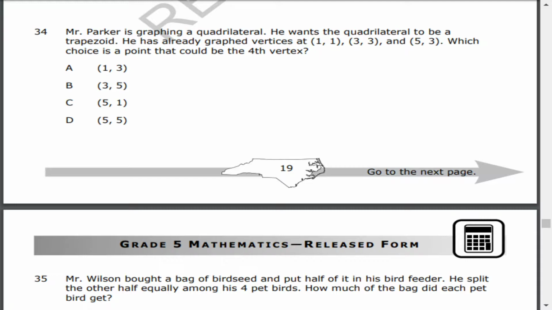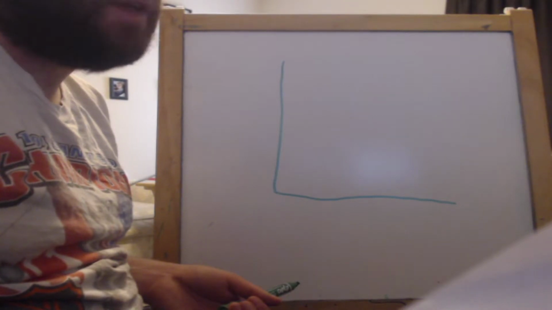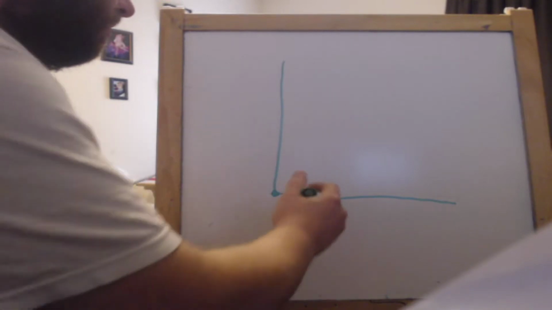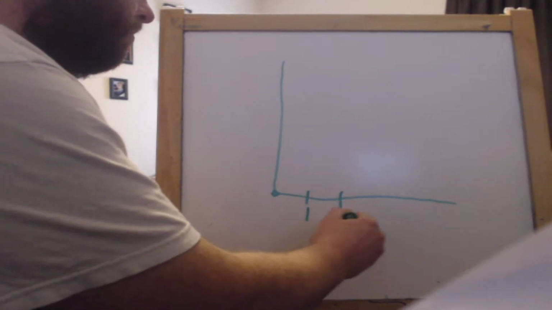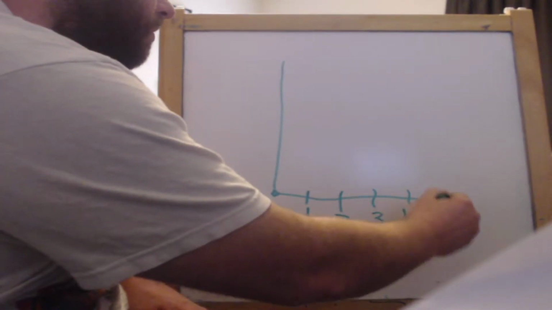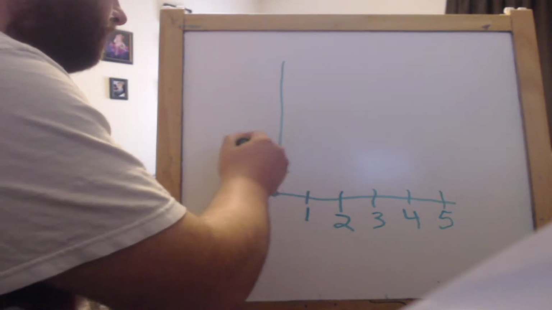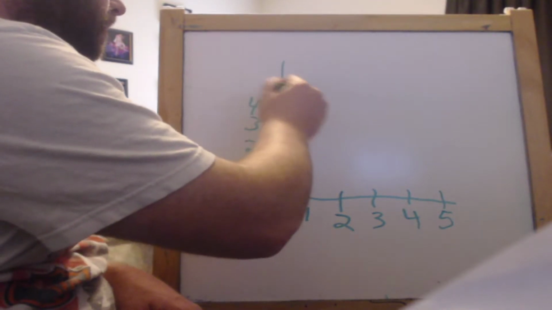I've got to be honest, this question is pretty tough, especially because they don't even give you a graph, right? So this is (0, 0). Let's just go 1, 2, 3, 4, 5. Then we're at 1, 2, 3, 4, 5.